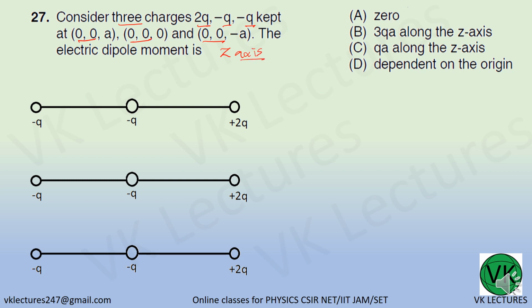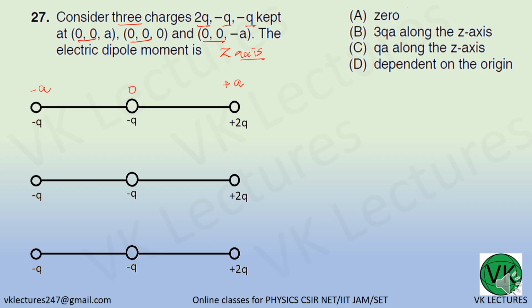So our dipole moment will also be along the z axis. Now what is the dipole moment? I have placed all these 3 charges, and now I want to write their coordinates. This is at 0, this is at minus a, and this is at plus a.